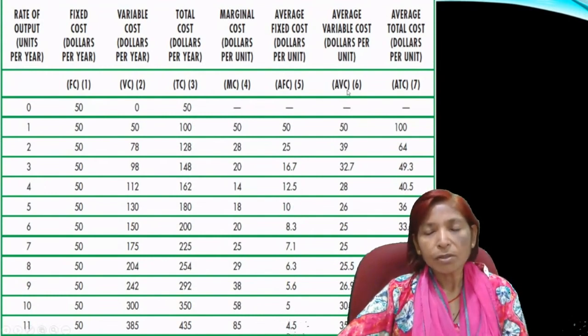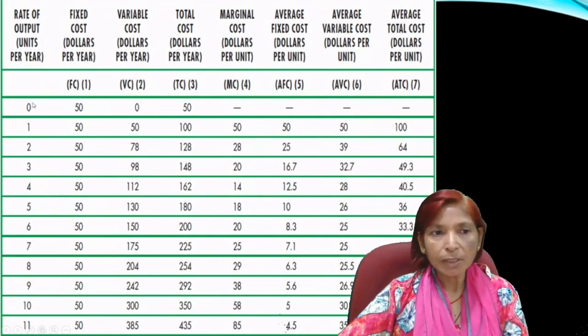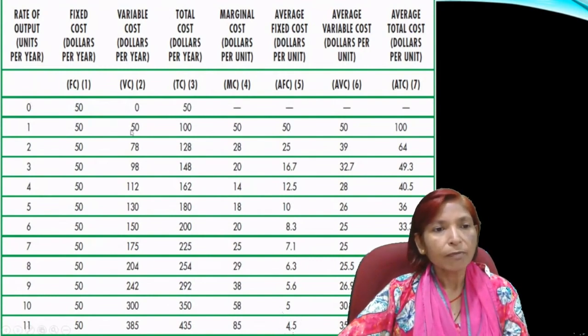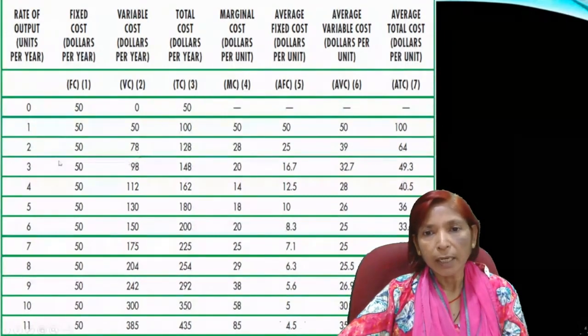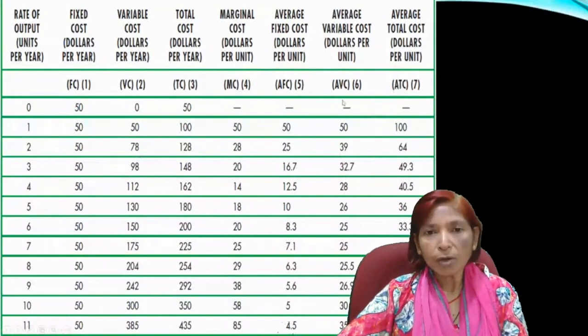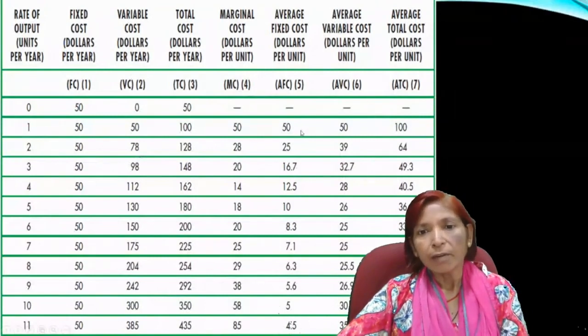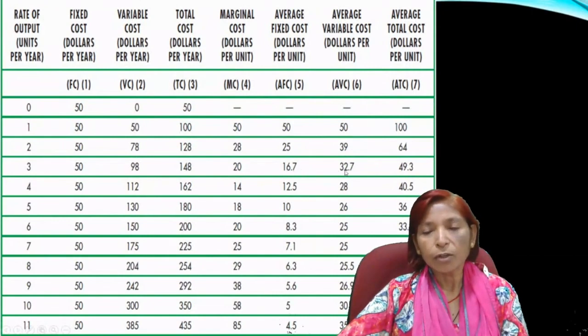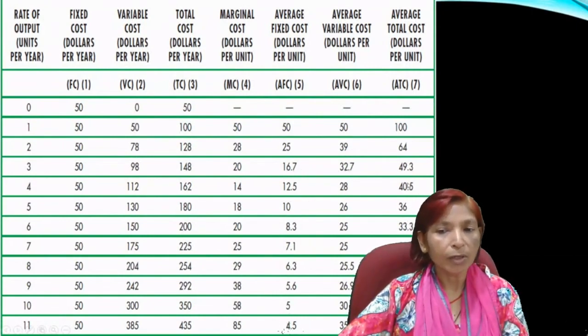AVC is the per unit cost of the variable input, and if VC is given, VC is divided by the number of units of output, like 0 divided by 0, dash, 50 divided by 1, 50, 78 divided by 2, 39, and so on. We can calculate. And ATC is the sum total of AFC and AVC. 50 plus 50 is 100, 25 plus 39 is 64, 16.7 plus 32.7 is 49.3, and 12.5 plus 28 is equal to 40.5.